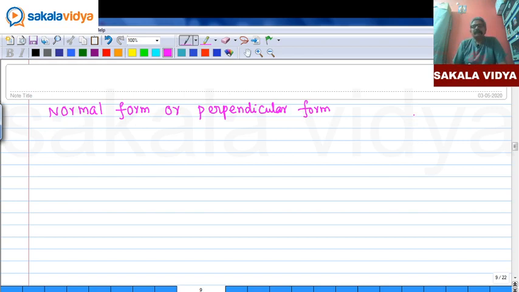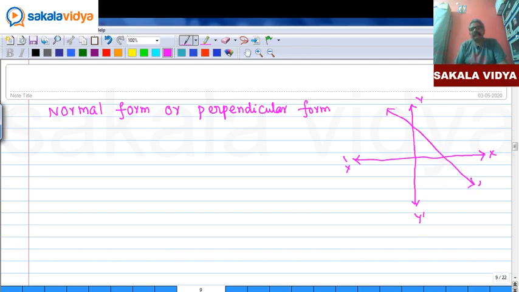So, now this is the x axis, x dash, y and y dash. Suppose this is a required line, say L, and this is the origin.